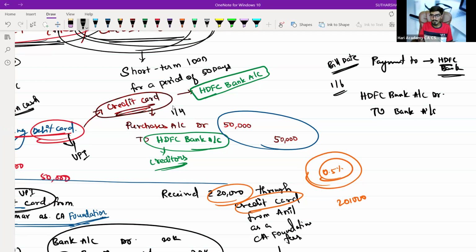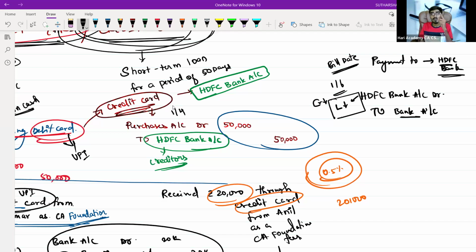If I am making the payment in cash, I will put cash account. Why am I debiting the HDFC Bank? My liability got decreased, which means I am decreasing my creditors. Bank account, my cash balance got decreased.